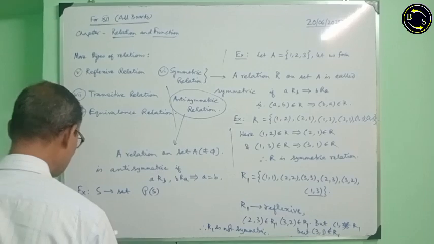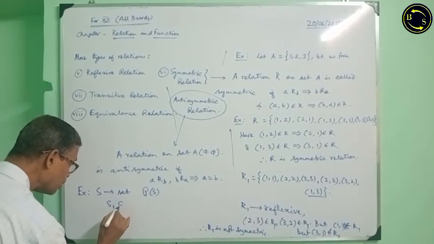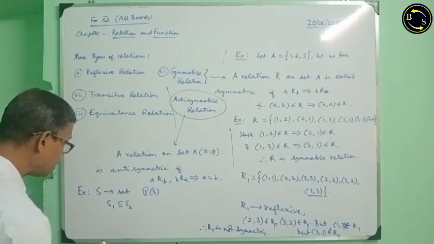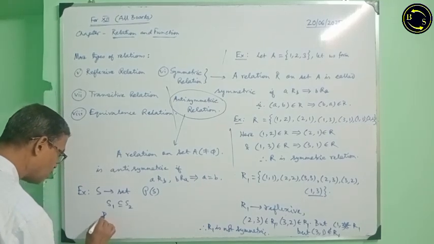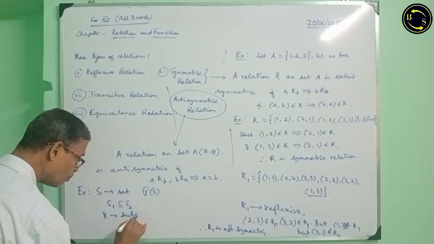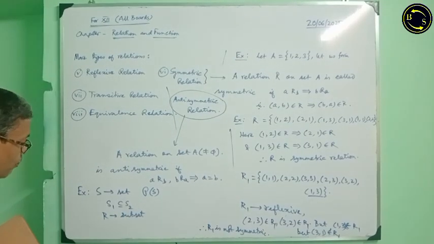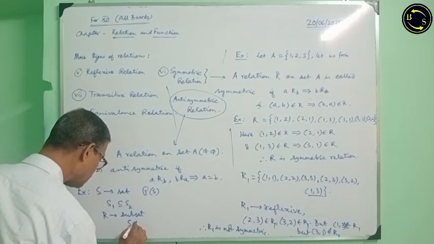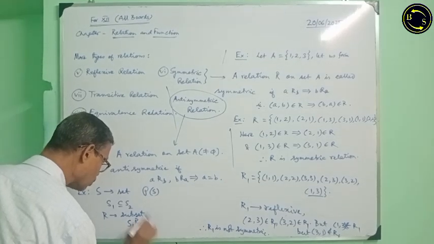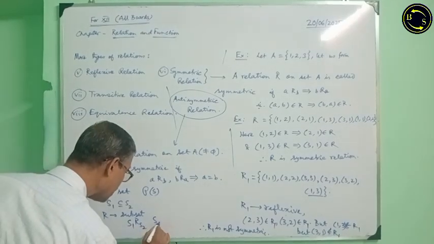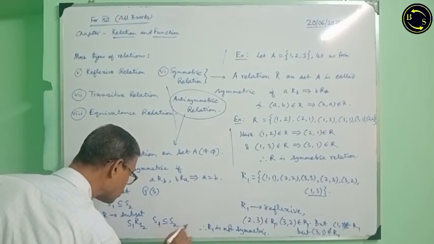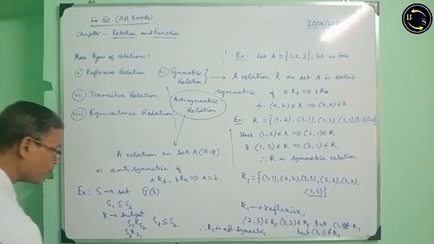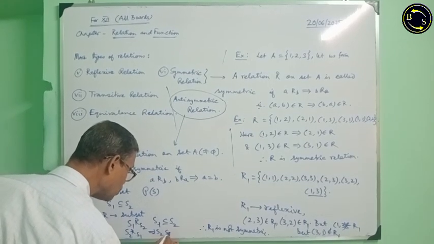Then take two subsets of S, and the subset relation R: S1 is related to S2 means S1 is a subset of S2, and S2 related to S1 means S2 is a subset of S1.